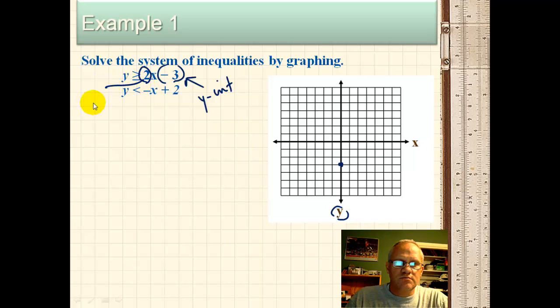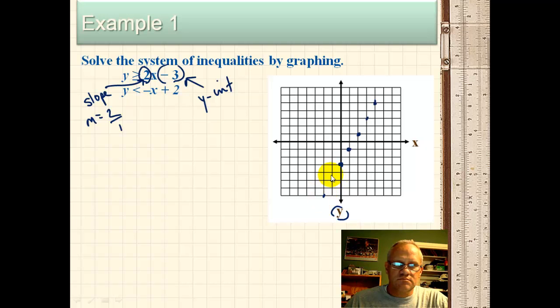That's the slope. And remember, whenever it's just a regular number like that, think of it as over 1. So it's going to be 2 over 1. So here, I'm going to go up 2 and over 1. Up 2 and over 1. Do a few of those. And then down 2 and 1 to the left.